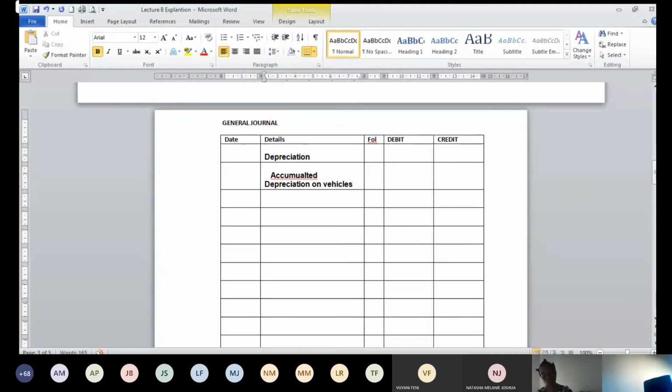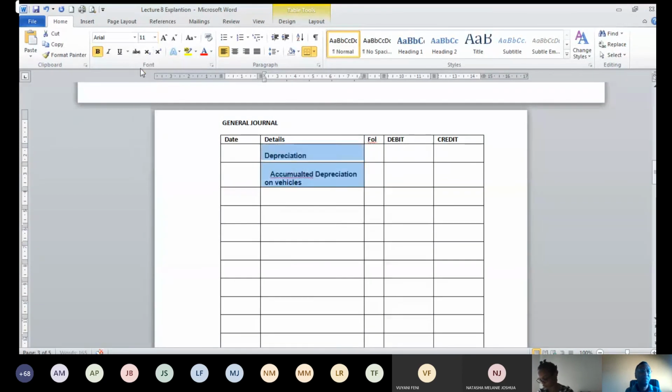So your journal entry then, guys, debit depreciation, credit your accumulated depreciation, and the amount is the extra depreciation of 21,000 rand.